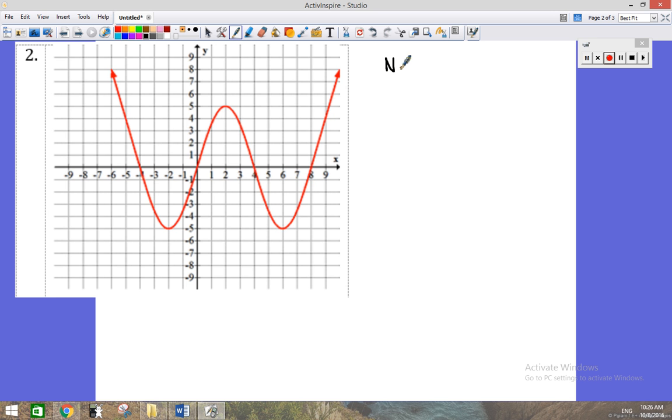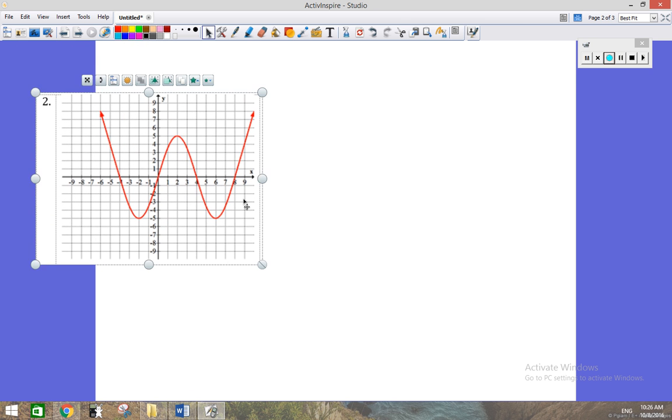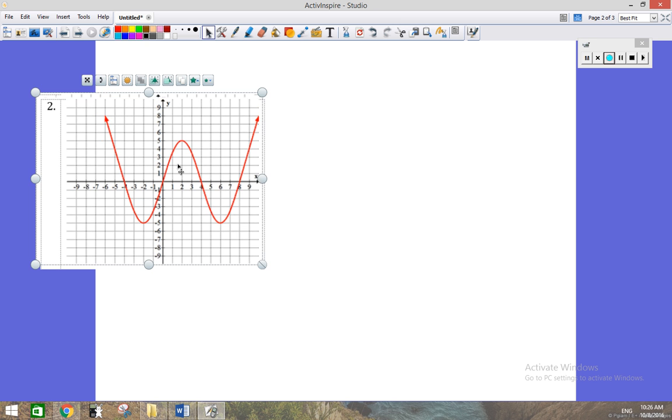So the question is, is it an odd function? It does pass through the origin, and odd functions will pass through the origin. With odd functions, the symmetry is a rotational symmetry about the origin. Let's copy this graph.